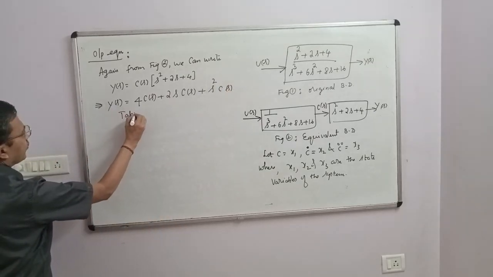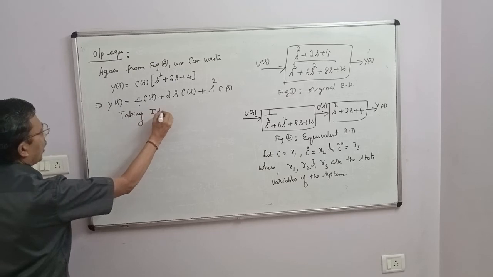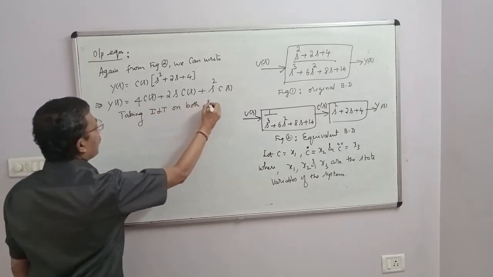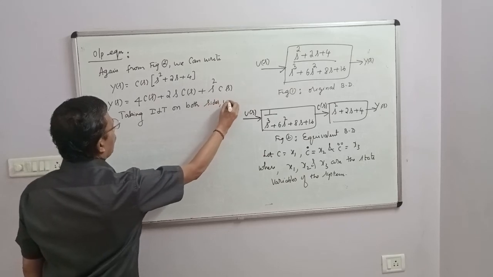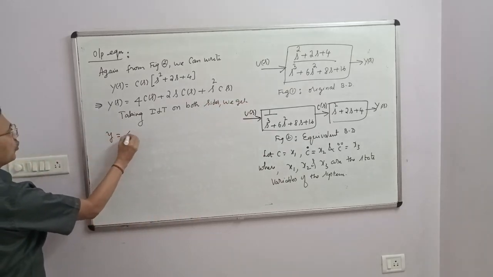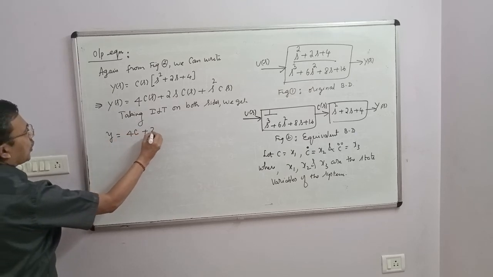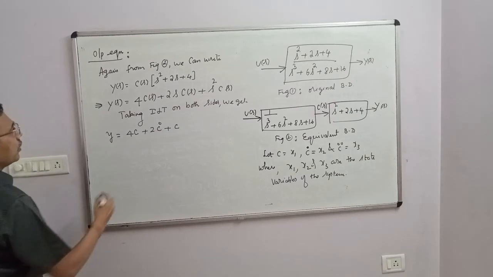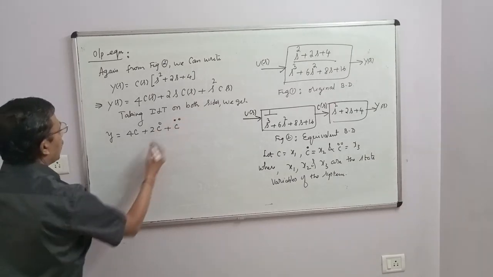Taking inverse Laplace transform on both sides, we get y is equal to 4c plus 2c dot plus c double dot.